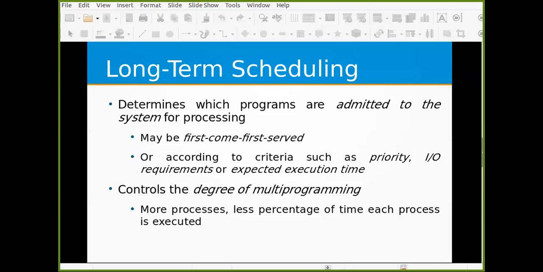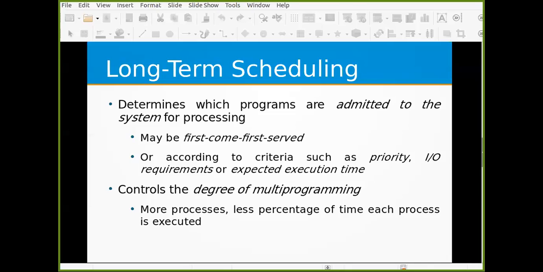Currently, whatever we work with our system, they are interactive processes. But in case of batch jobs, just think about batch jobs. If you remember batch processing systems, there it was possible. Initially, when you submit a job, at that time you can tell that, okay, these are the IO requirements and these are the expected execution time. So that is for batch jobs. So these are some of the criteria which can be used by long-term scheduler to decide which process goes into the system. Fine.